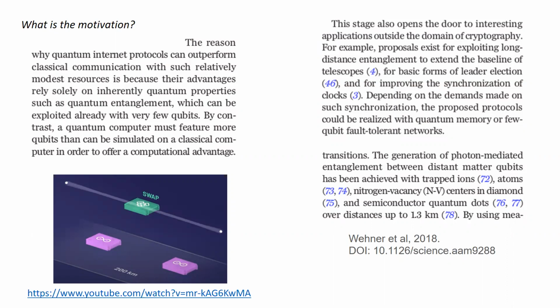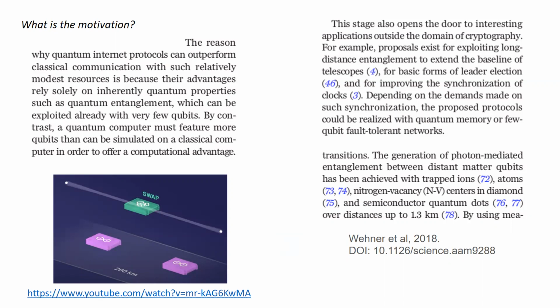But one of the things that I found interesting in this paper was this first paragraph, where they compare the potential of quantum communication to things like quantum computation. In the latter technology, classical computers can simulate quantum computers up to something like 50 qubits, and that's logical qubits, not physical qubits.